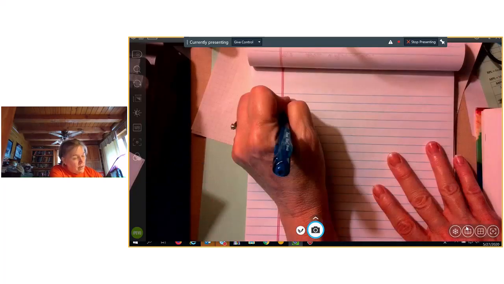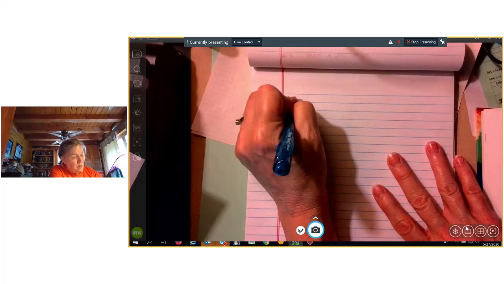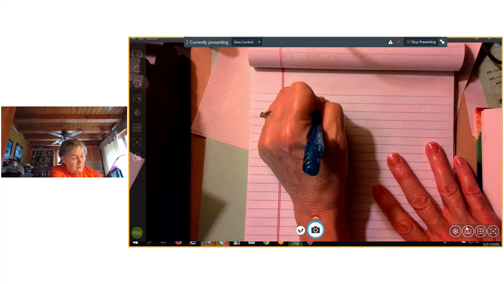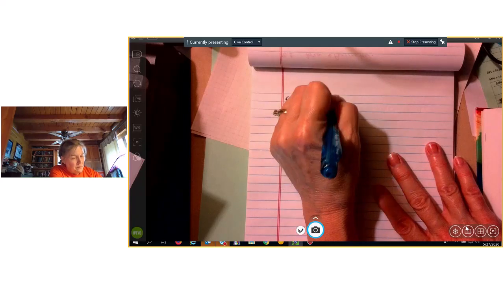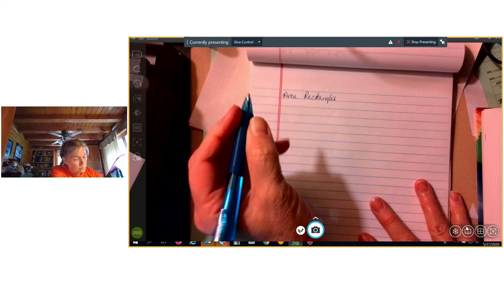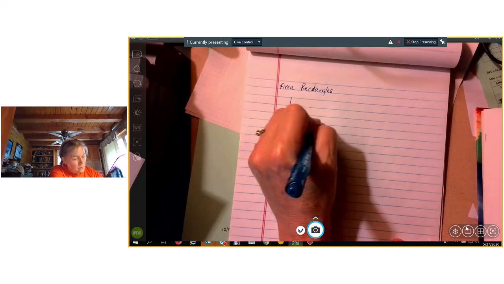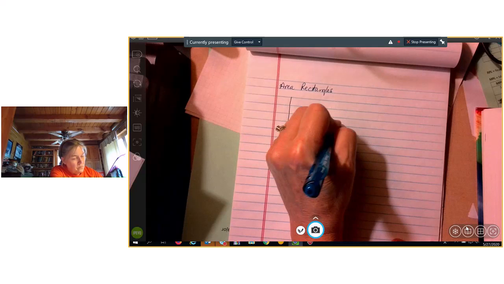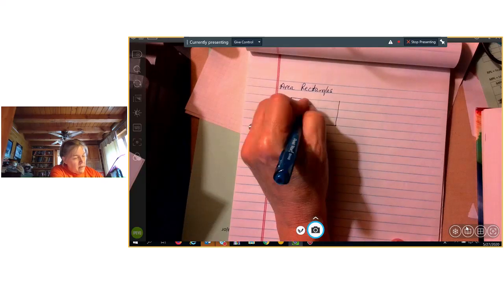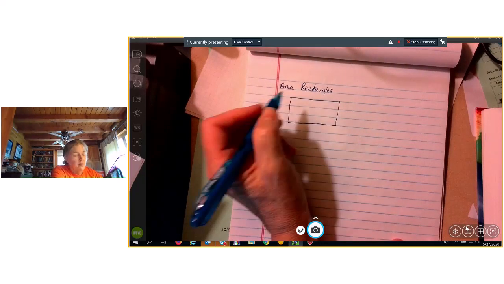Now, when we look at the area of rectangles, and I do have some graph paper, but I'm not going to pull it out.